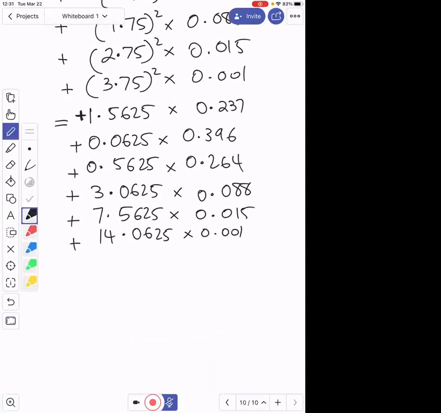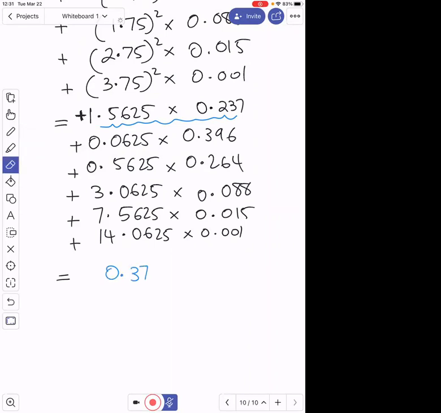And then, guys, once you are done with the squares, you can multiply. So for example, I'm going to give you the answer for the first multiplication here. Here you have 1.5625 times 0.237. So that'll be equal to 0.37, let's say, right?